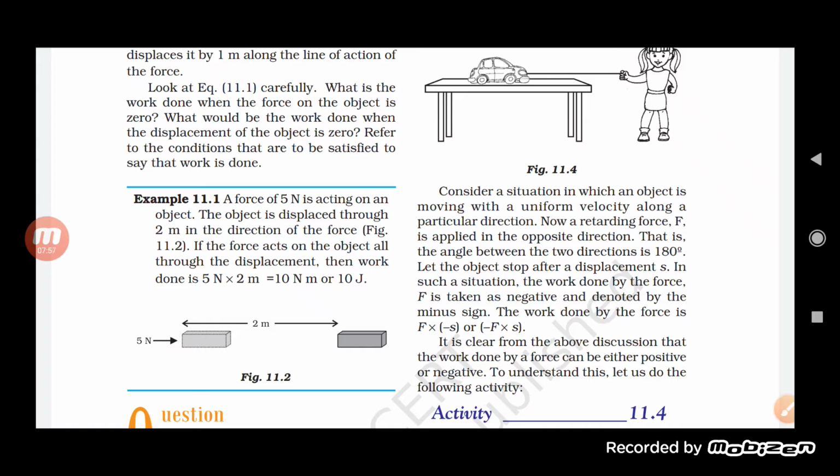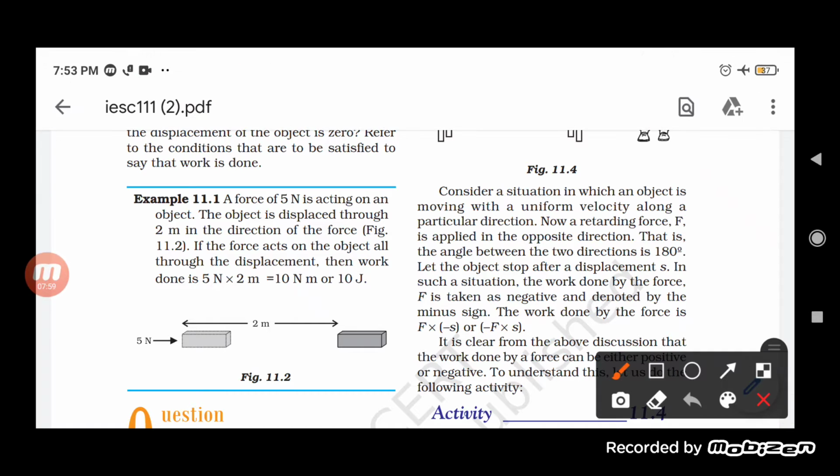Now see here, how much force is applied here? It is 5 Newton. And how much has the object been displaced, student? That is 2 meter, in the direction of the force only. Now, what will be the work done? We know the definition to find the value of work done.